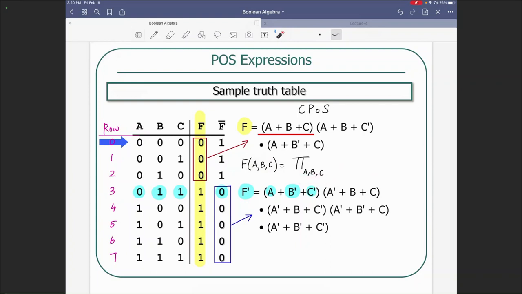If you were writing this or not, if you skip this, then you absolutely must do that. Inside, I'm only going to index the max terms. So what do I have for max terms for F? Row 0, row 1, row 2.